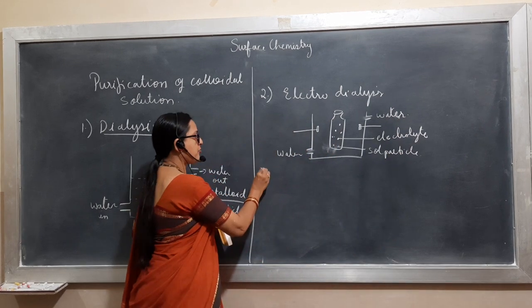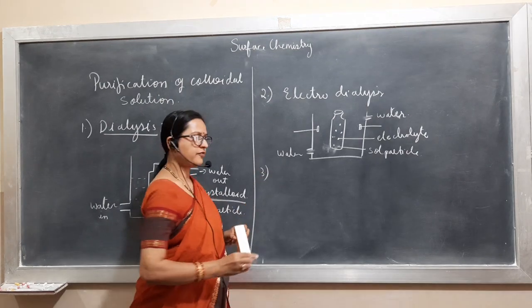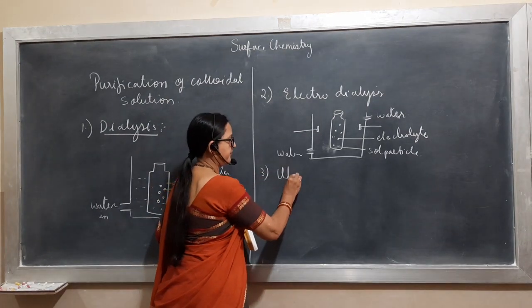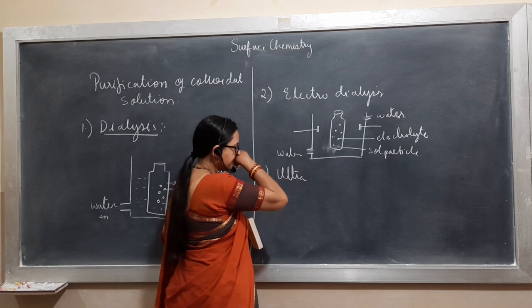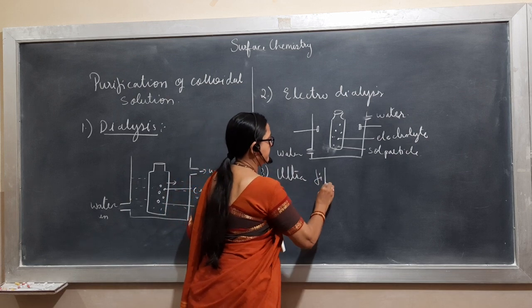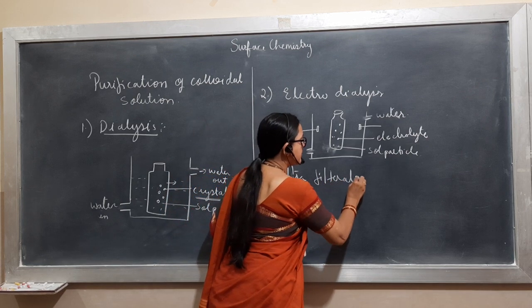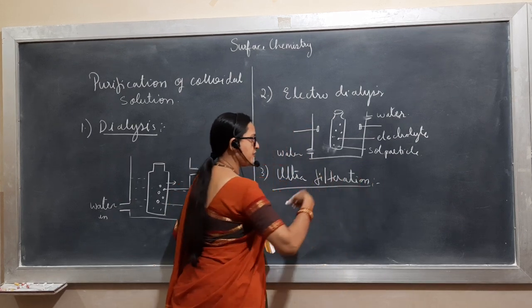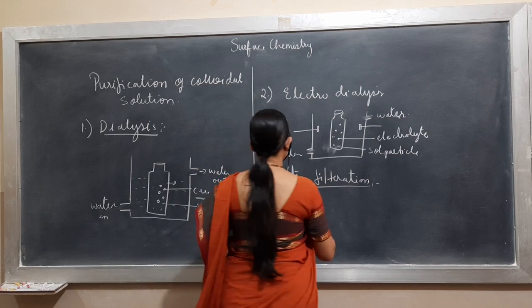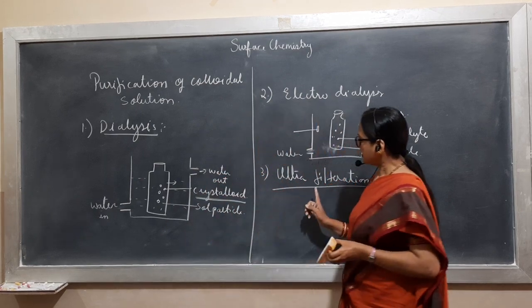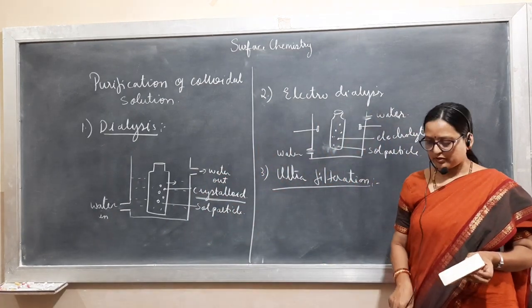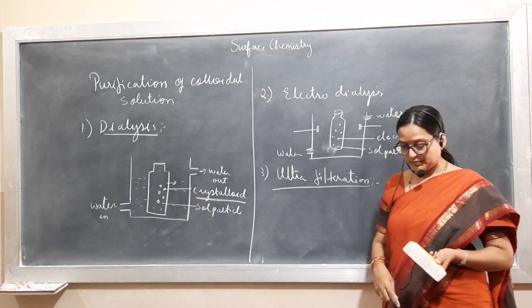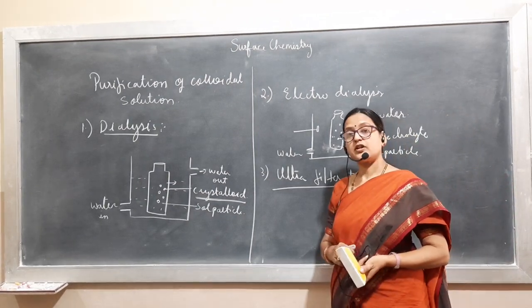After this, we have one more method called ultrafiltration. Ultrafiltration is nothing but the colloidal particles are filtered and separated, and the impurities are separated. We cannot do it with our common filter paper. This filter paper is to be converted into ultra filter paper.